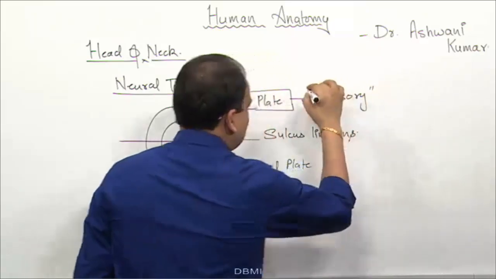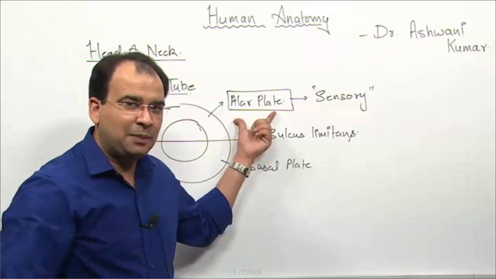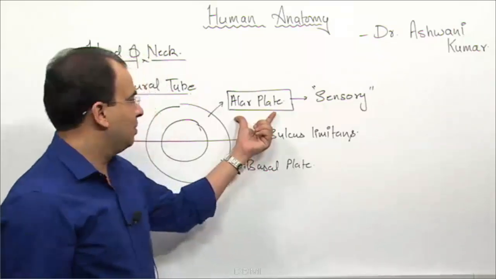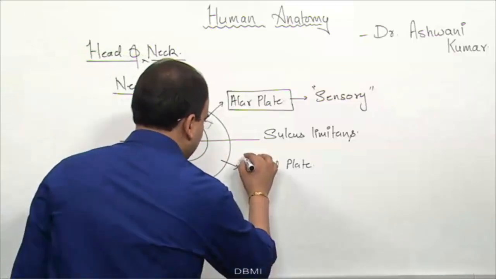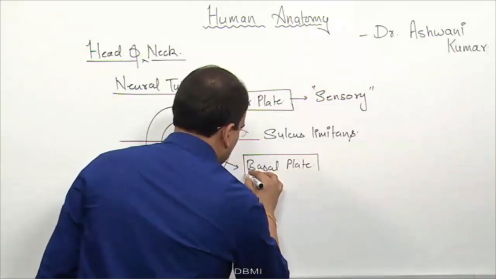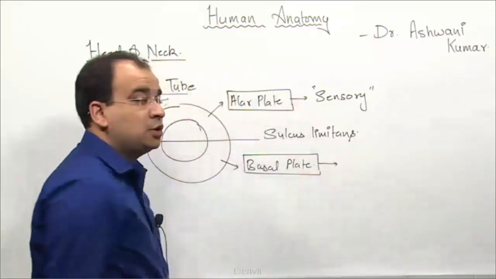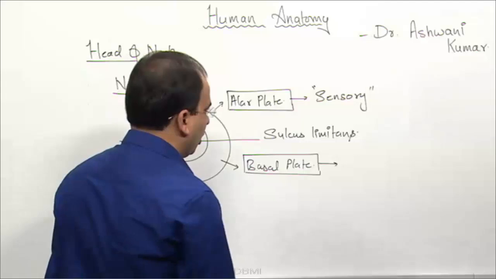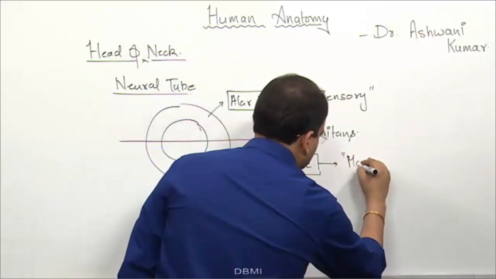Or in other words, any cranial nerve nuclei which will develop in the alar plate will be sensory because it is in the dorsal horn region over here. Basal plate is corresponding to the ventral horn of the spinal cord, or I can say it is motor in function.